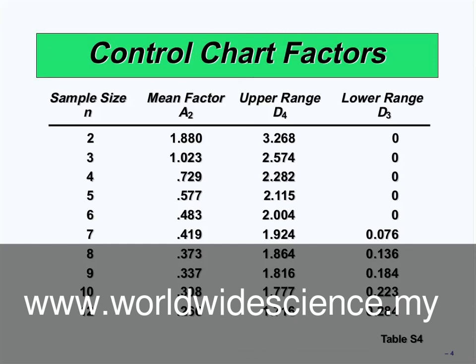The n is 5. We will look at the left column, sample size n, and find the 5 in the column of the sample size. n is 5, okay? And go straight and you can find the D4 and D3.